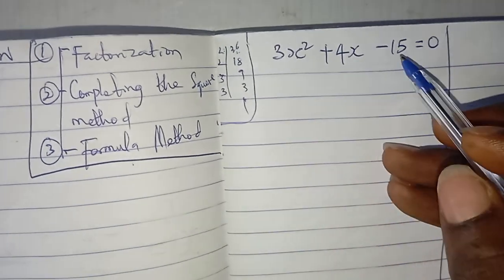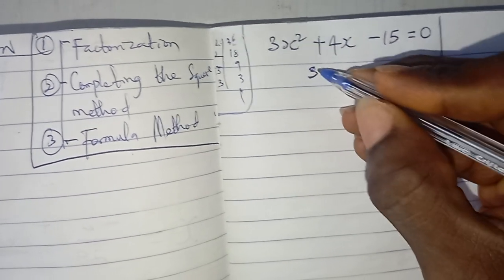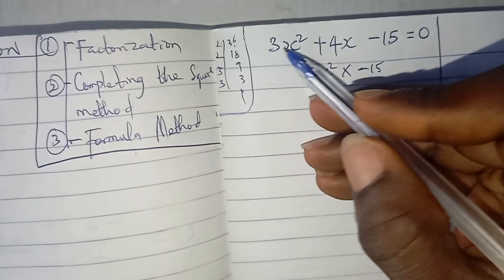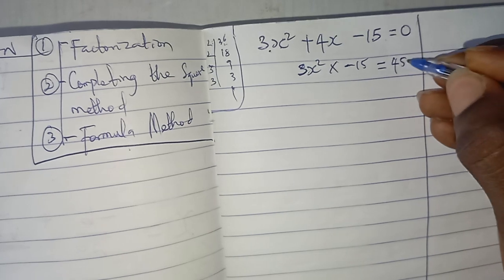So this is 3x squared, and minus 15. All I need to do is multiply 3x squared times minus 15, the first term and the last term. This should give me minus 45x squared.